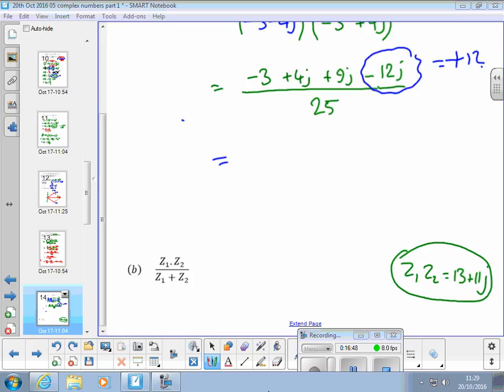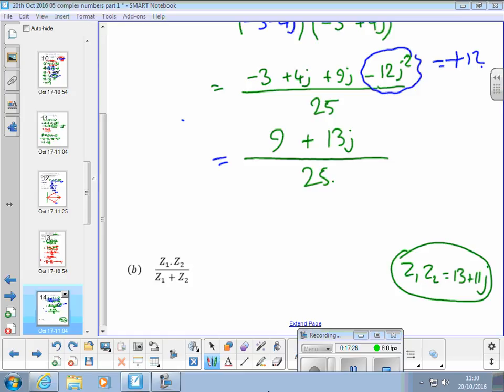So the top line becomes minus 3 plus 12. The j squared in there turns that minus 12j squared into just a constant, plus 12. So minus 3 plus 12 is 9. 4j plus 9j plus 13j over 25.